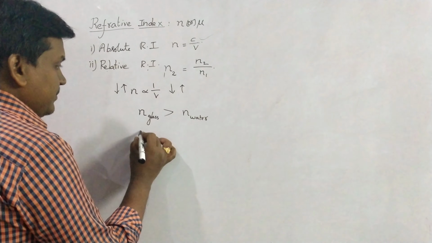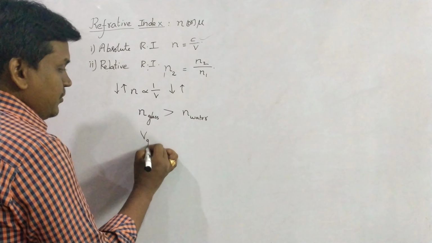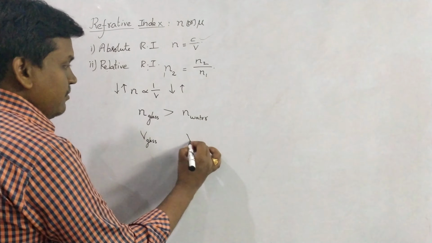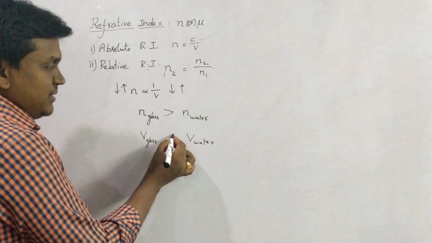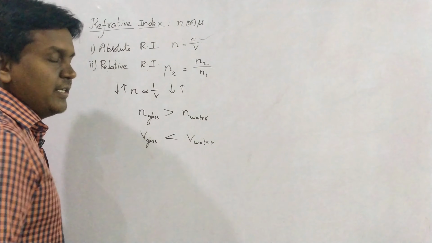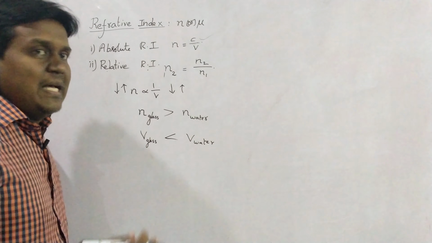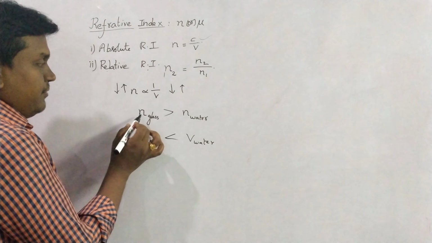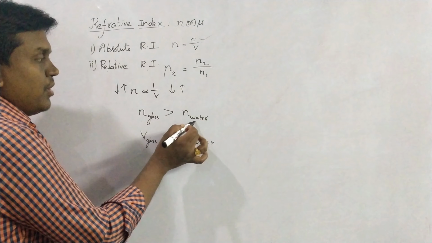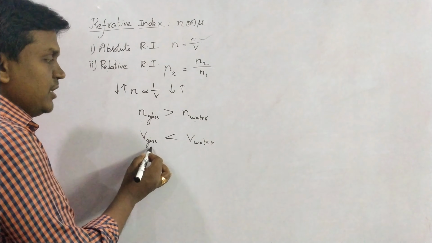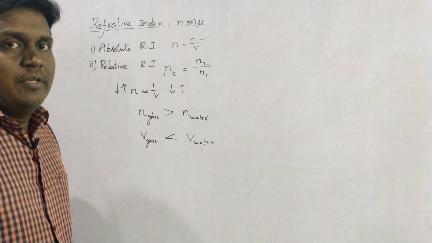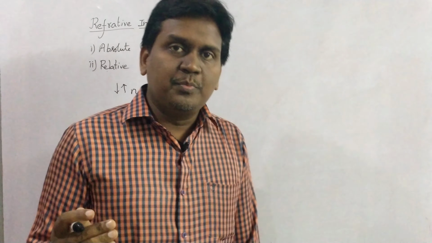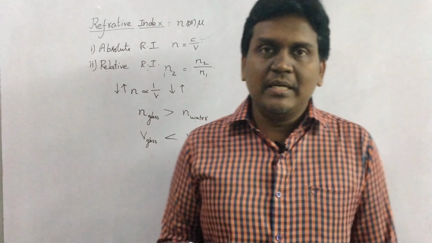So the velocity of light in water will be greater than in glass. The reason is the refractive index of glass is more than water, so speed will be greater in water compared to glass. So if the refractive index increases, the speed of light will decrease in that particular material or medium.